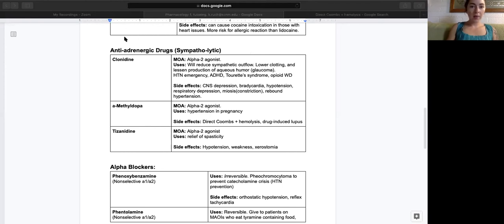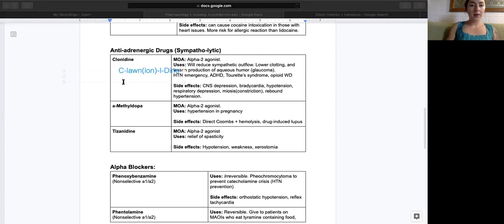So I remember Clonidine through a very short mnemonic. C, lon, I, dine. Kind of silly, but it's how Clonidine is spelled. So lawn, I'm looking at as like someone's lawn, like their yard.